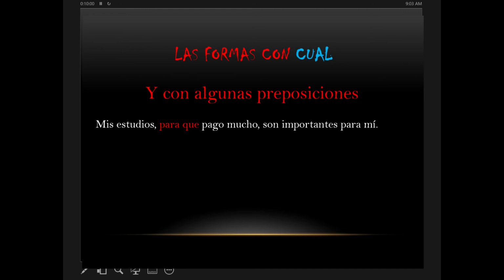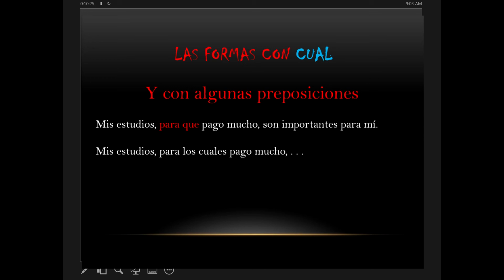But this para que is a relative pronoun, not a conjunction. And so for clarity's sake, we're probably going to write para los cuales. It's super important. You might have this issue with por que and sin que, etc. There are a few others.